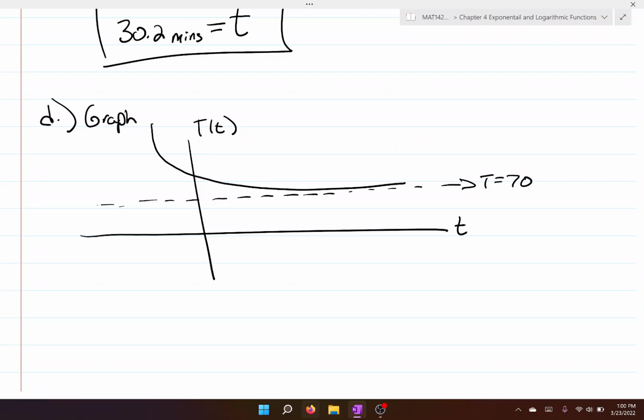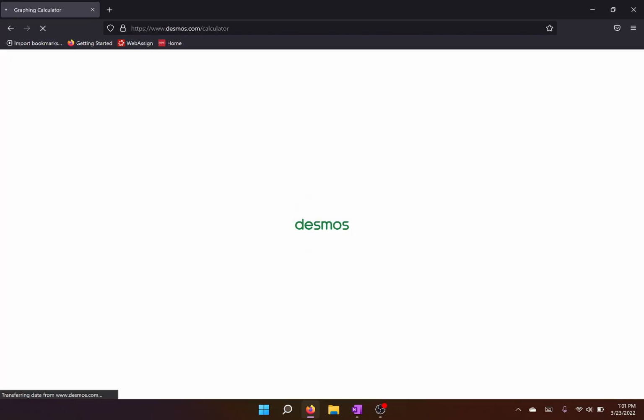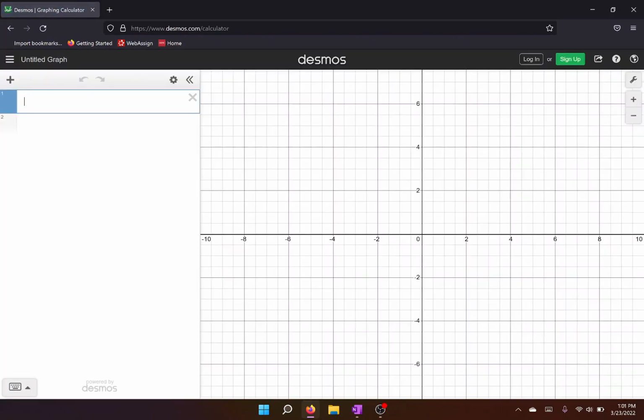All right. So let's go ahead and let's just model this. So we're going to pull Desmos out real quick. All right, and let's go ahead and graph. So we're going to type in 130 e, raise it to the negative 0.04855 x, because you got to use x in Desmos, plus 70.